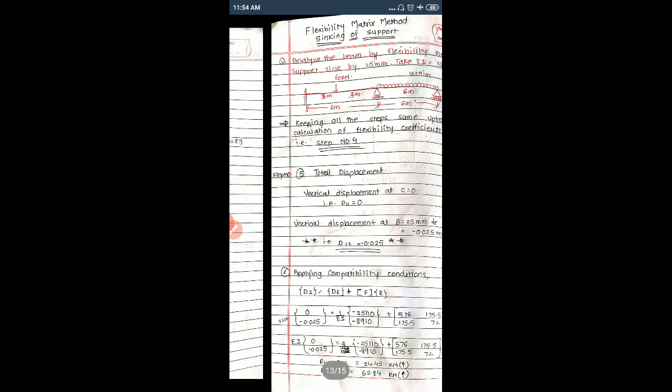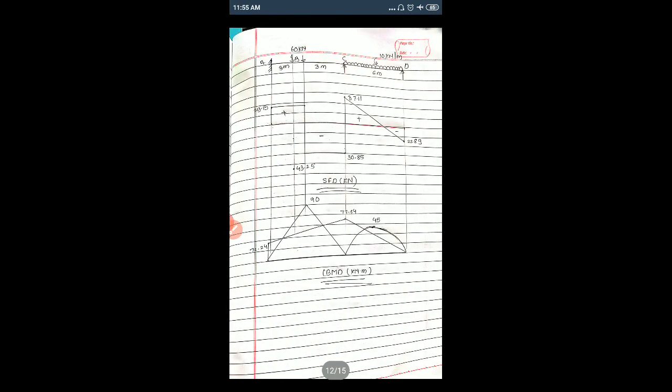Now we will consider the sinking of the support numerical for the same case. So this will complete our one numerical for both ends hinge condition, and the next type of numerical is by considering sinking of support. So here what I have done, I have taken the same numerical and same diagram, and what is given in the problem statement is that the support sinks by 25 mm.